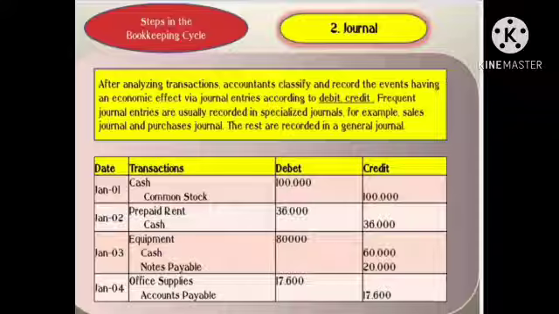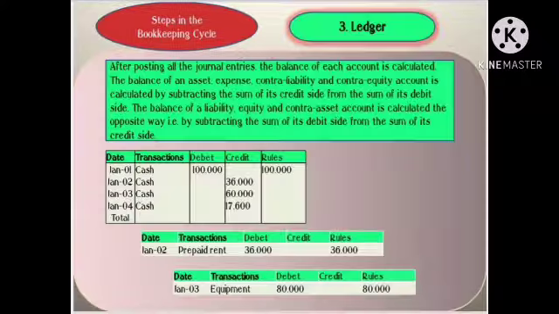Date 4 January transaction, office supplies and accounts payable, debit 17,600, credit 17,600.